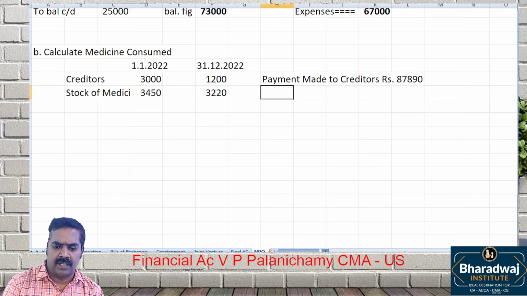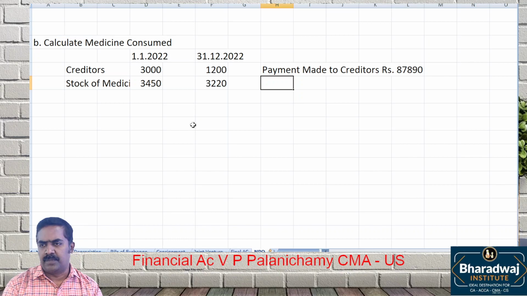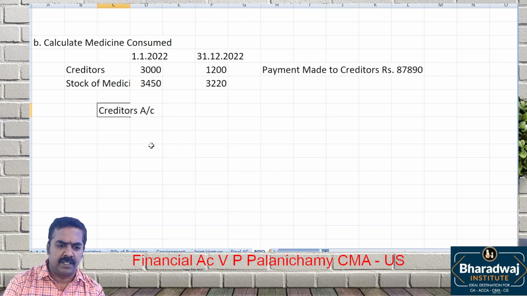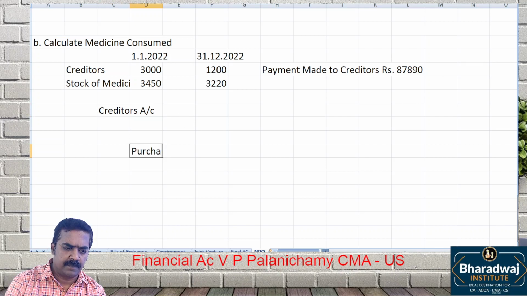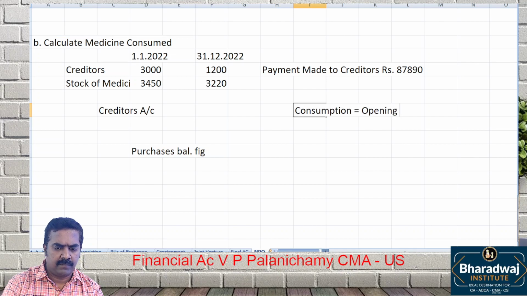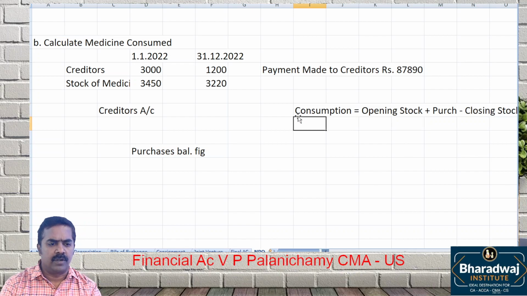Take up this. Calculate medicine consumed. First you prepare which account? Prepare the creditors account and find out purchases as a balancing figure. Then work out consumption. You work out and tell me the answer.